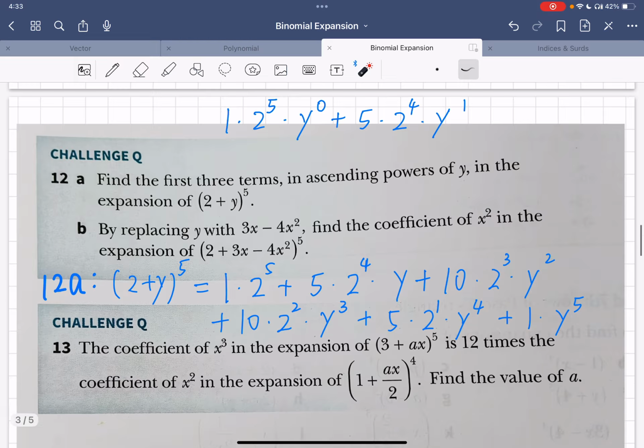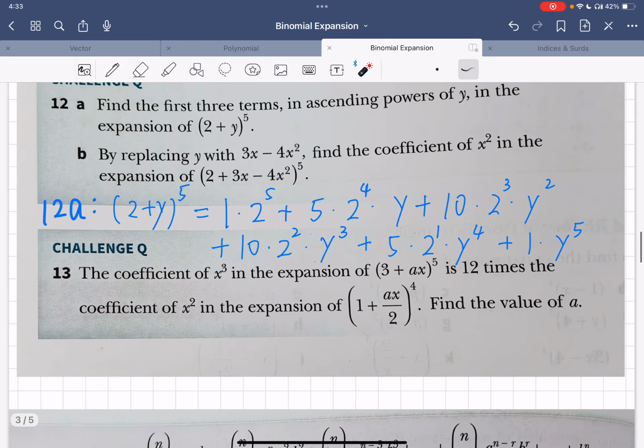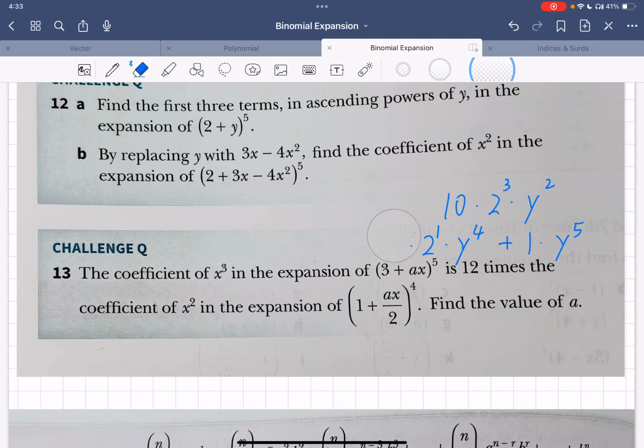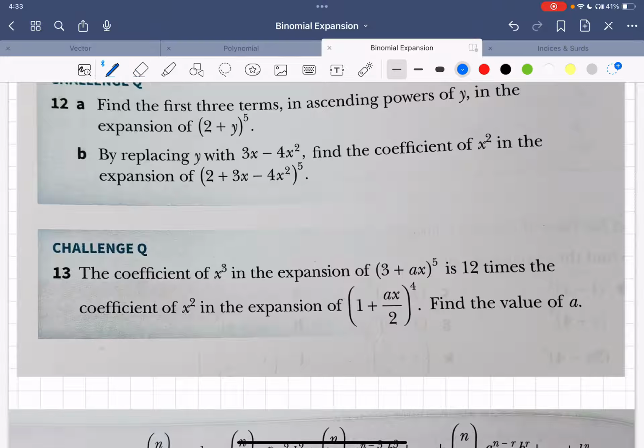As for question B, it's a little more complicated, but I think you've got a bit of it right because there is a hint in the question for you.